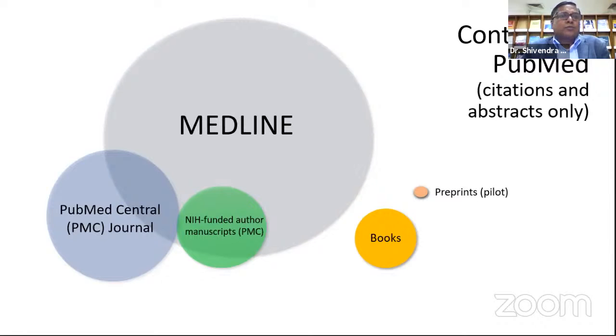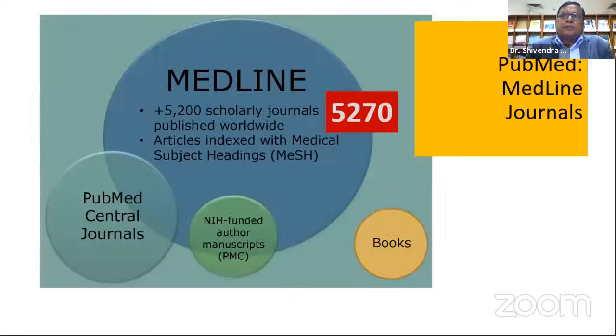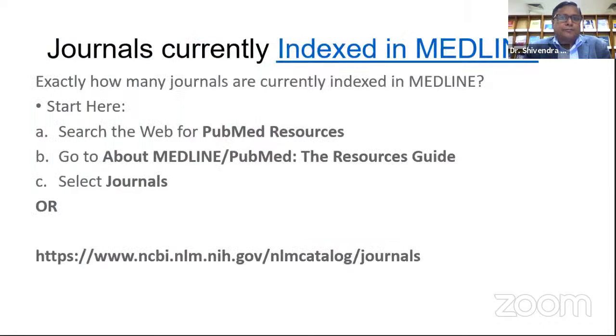There are currently almost 3,000 journals in PMC, 5,200 something in MEDLINE, and approximately 3,000 in PubMed Central. So now you can see that MEDLINE has 5,270 journals indexed in the PubMed database.